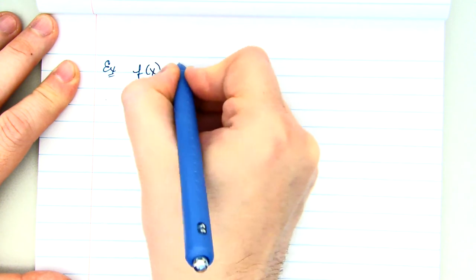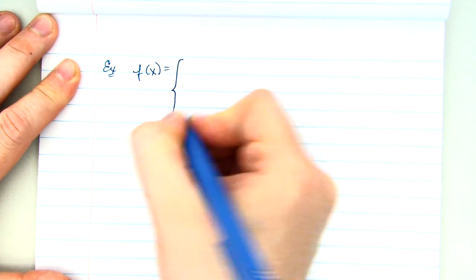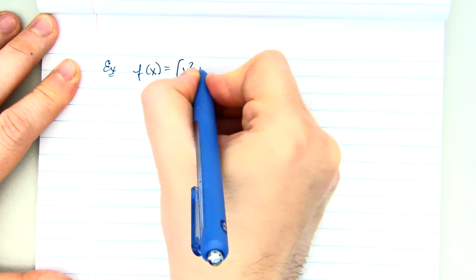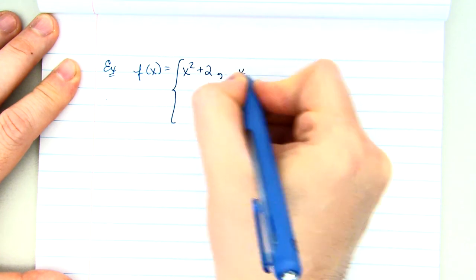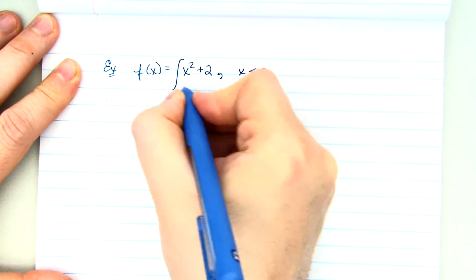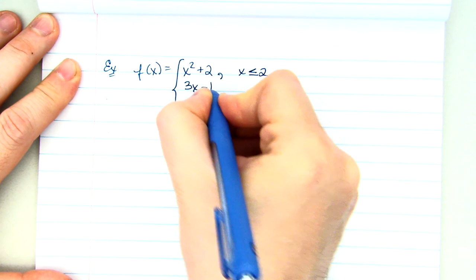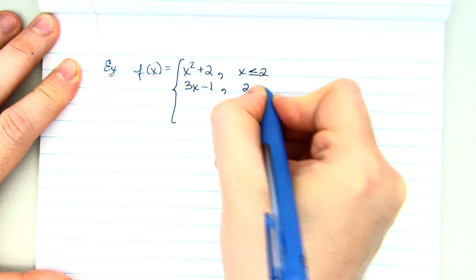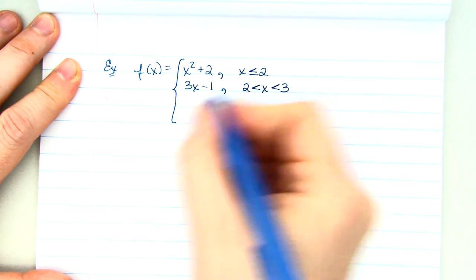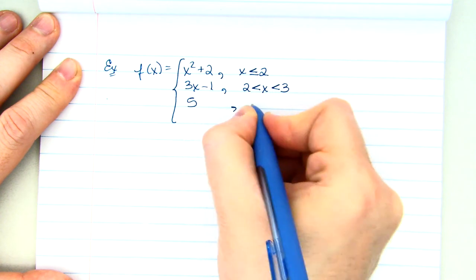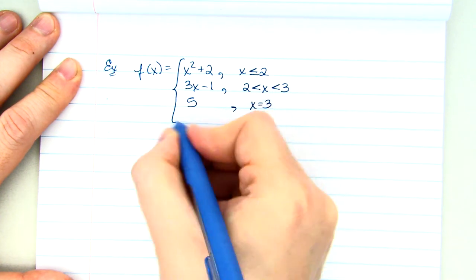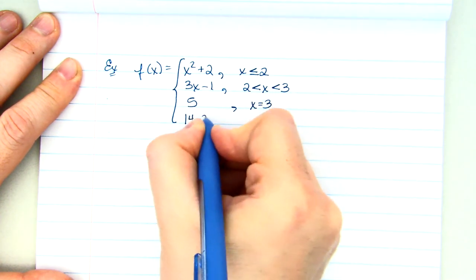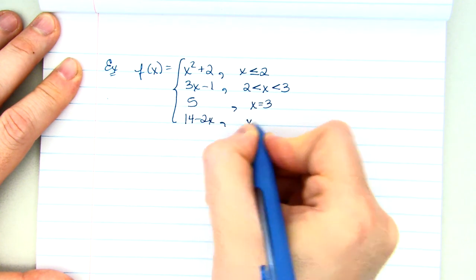I would like you to deal with f of x equals, I'm going to give you 4 pieces here. x squared plus 2, where x is less than or equal to 2. 3x minus 1, when x is between 2 and 3. 5, right when x equals 3. And 14 minus 2x, when x is greater than 3.